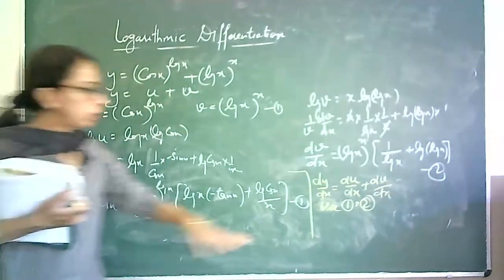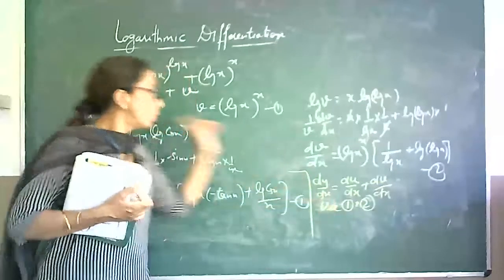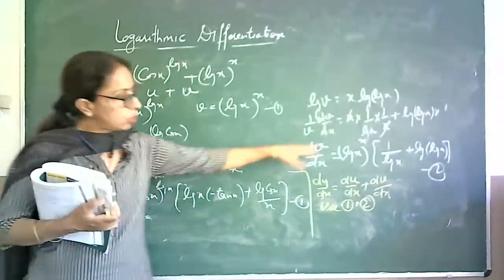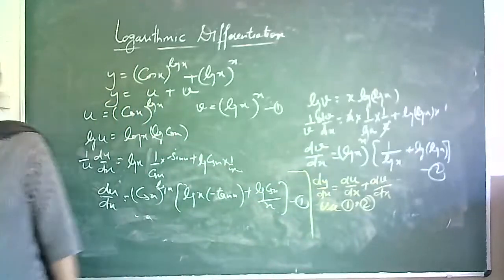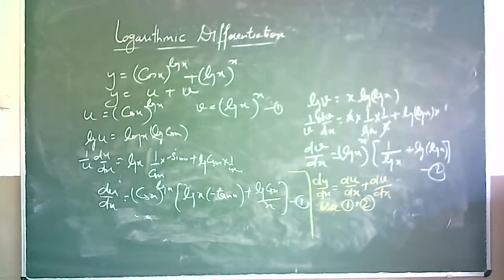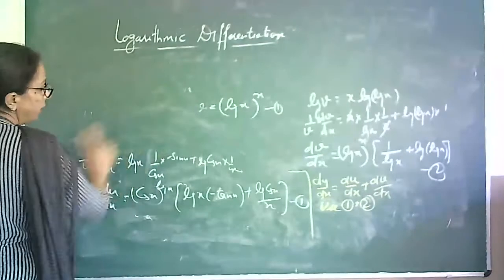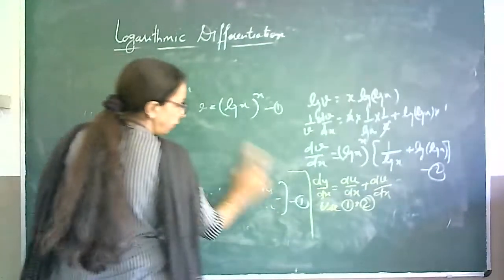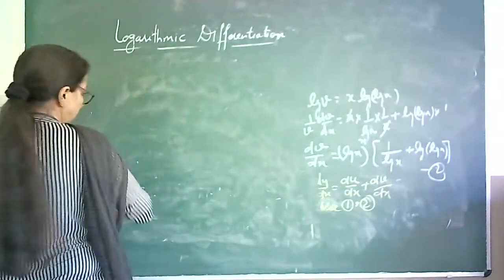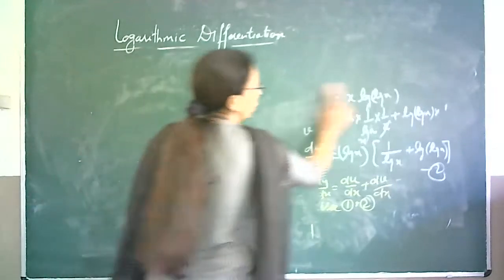When you substitute the value of this 1 and 2, you will get the result as dy by dx. Right children? Now again, see how easy the log will make the differentiation. You can see from the next question.